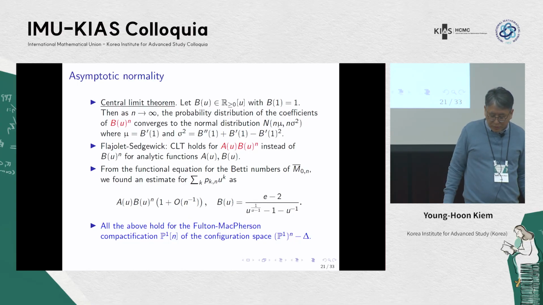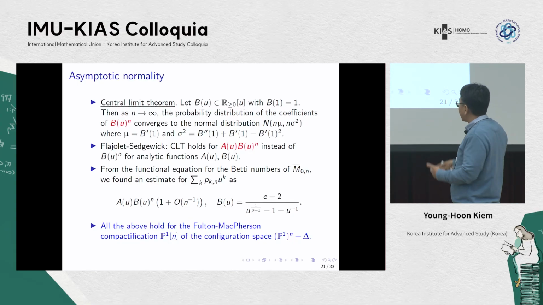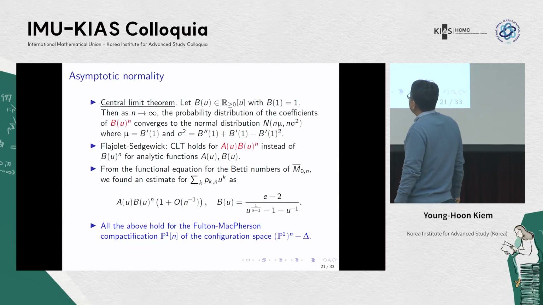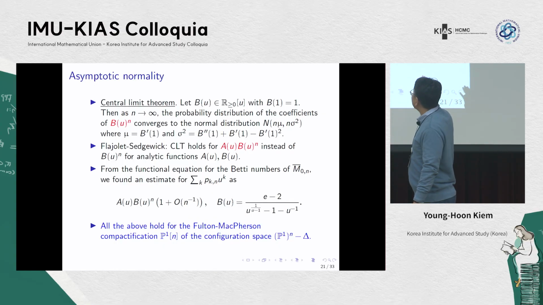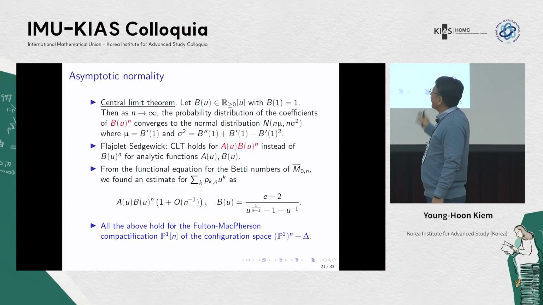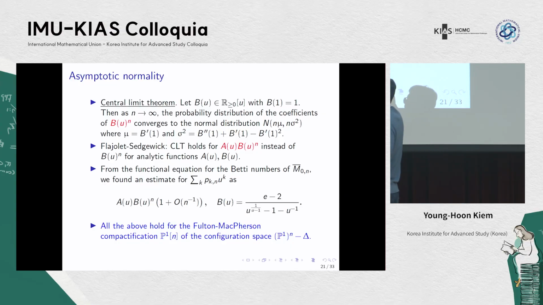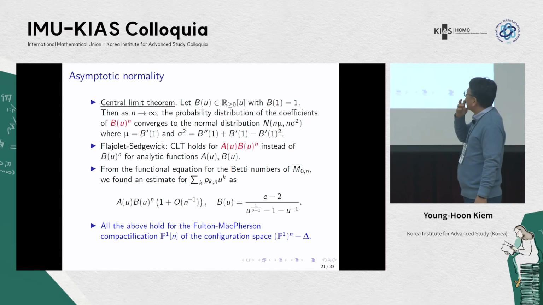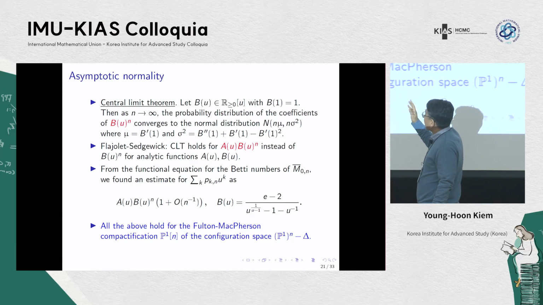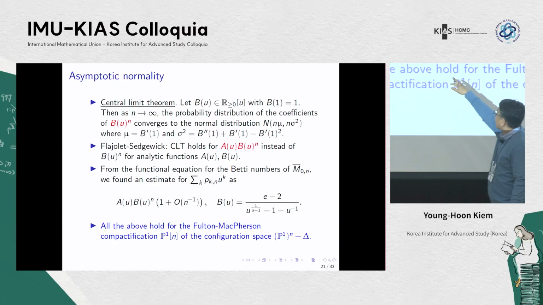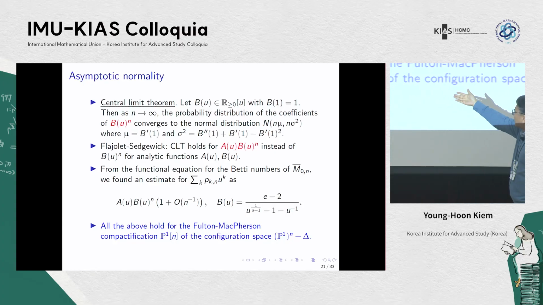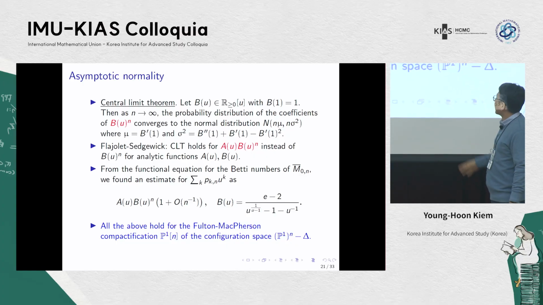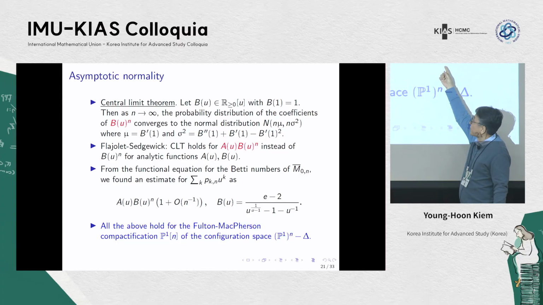So this is what we did. We applied complex analysis, and we used the functional equation for the generating function of the Betti numbers. Then we found a good estimate for the generating function. And we proved that the generating function can be approximated in the form of a(u) times b(u) to the nth power, and b(u) is this function.